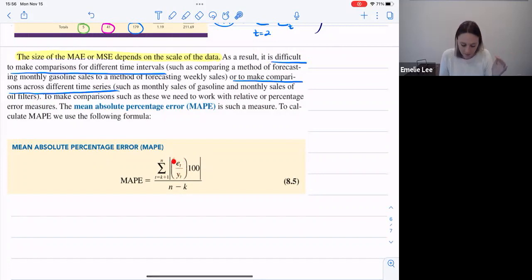So what is that forecast error as a percentage of what actually happened? Times 100, take the absolute value, because you could still have a negative error. To get rid of that negative error, you take the absolute value, then add those all up, and then divide by 11 in our case, or n minus k.